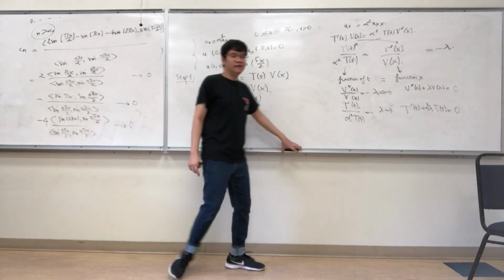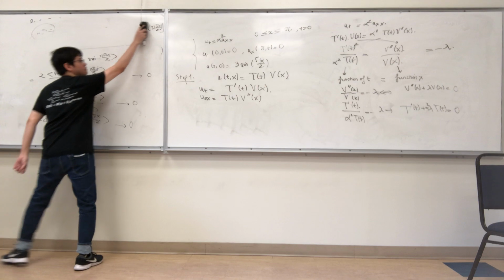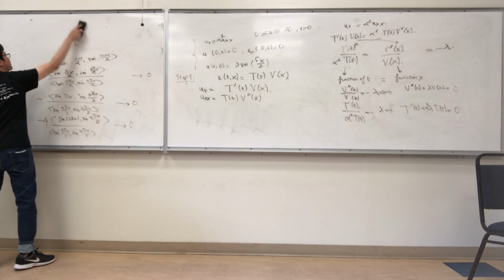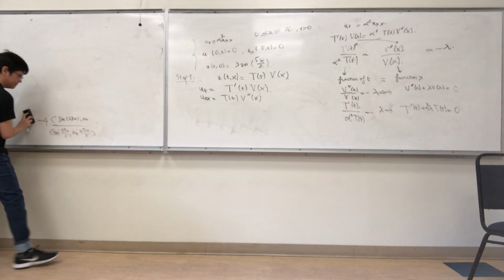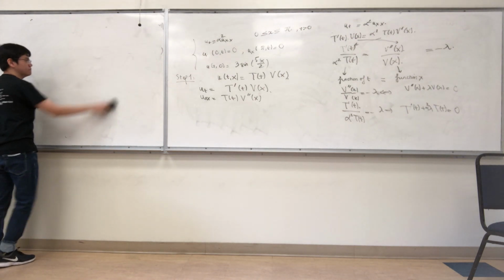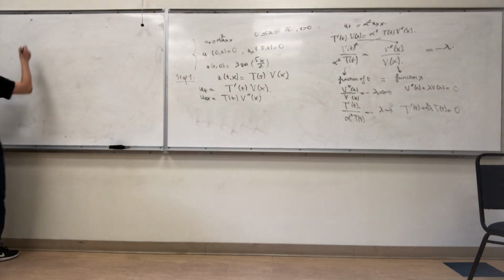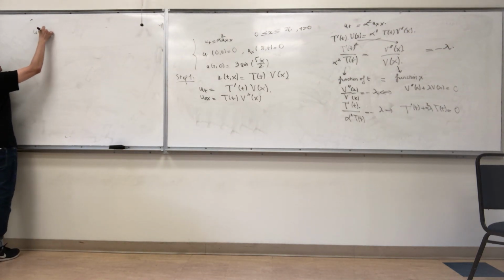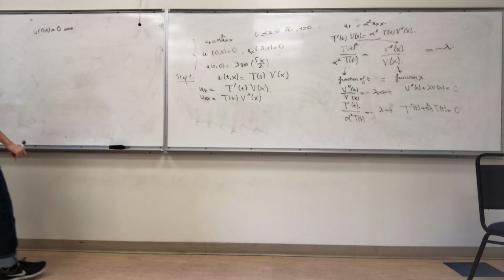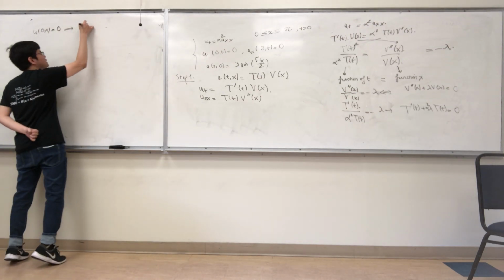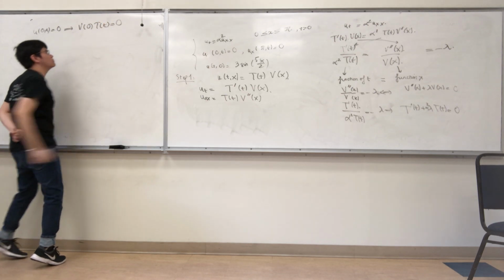So now I have to find the boundary conditions. u(0,t) is 0, which means that V(0)T(t) has to be 0.